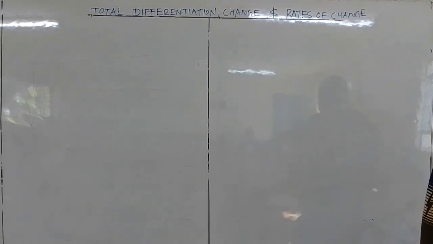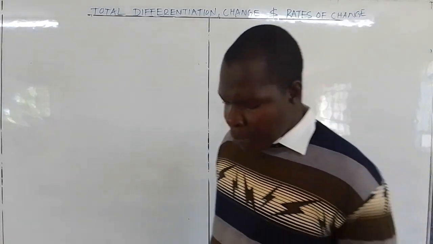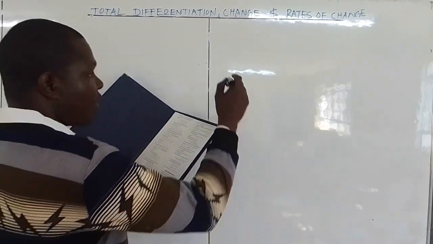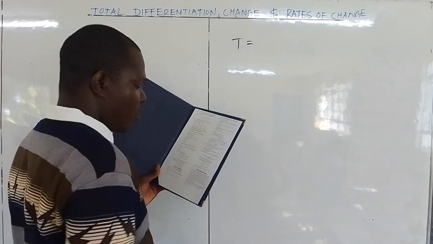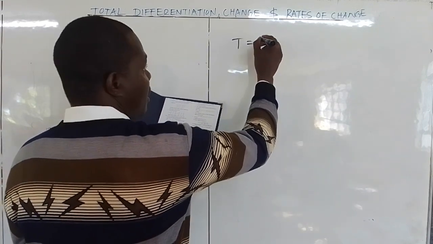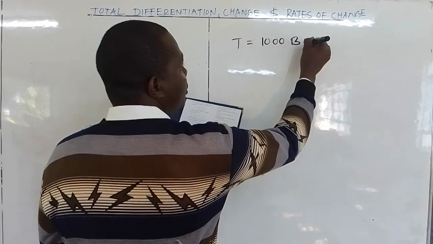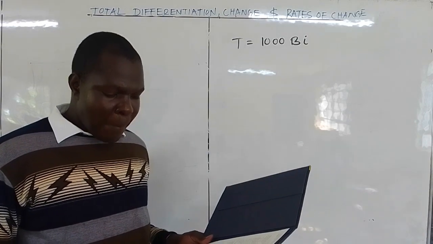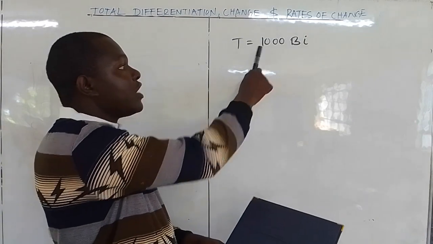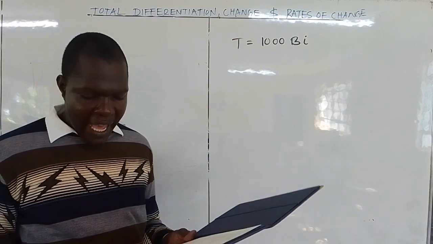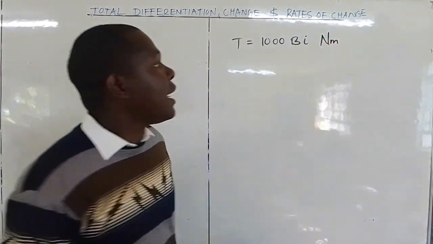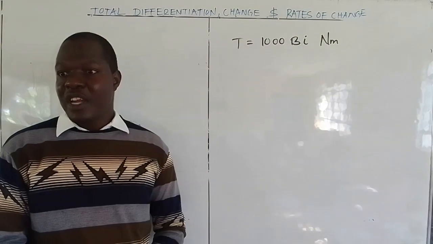We've been told the torque T produced by a motor is given by T = 1000 BI Newton meter. Newton, that is force, isn't it?